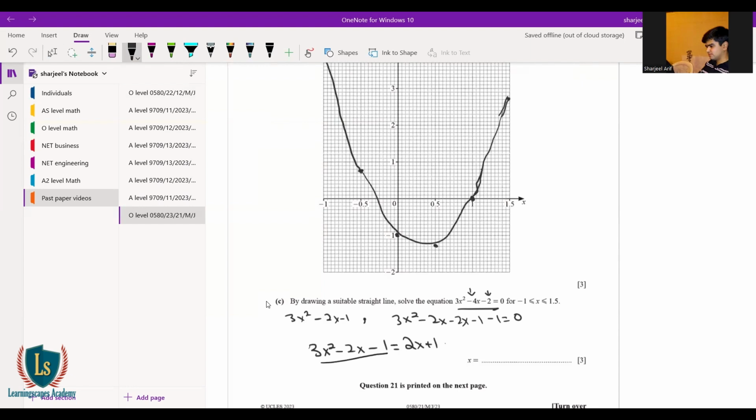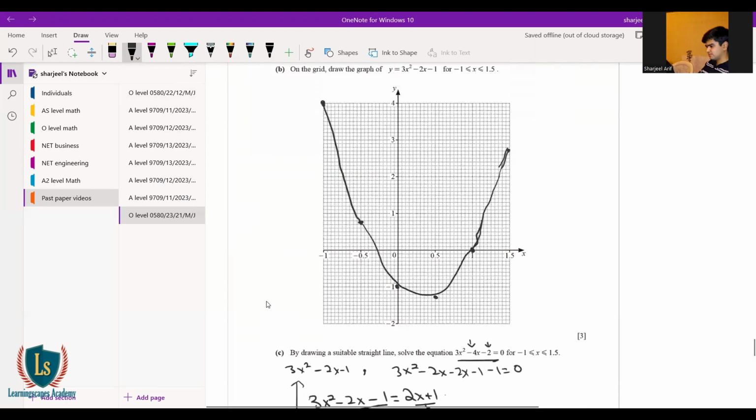On the left hand side, this equation is similar to the one for which we have made a graph. So if we make a graph of the right side expression, we can get our answer. The suitable line will be the line y equals 2x plus 1. For that, we will substitute x equals 0, and y will be equal to 1. Because it's a linear graph, we just need 2 points.